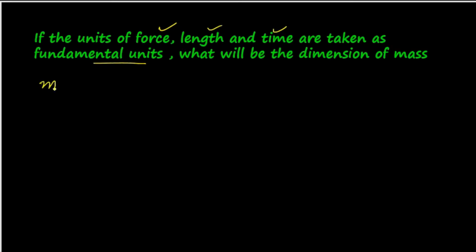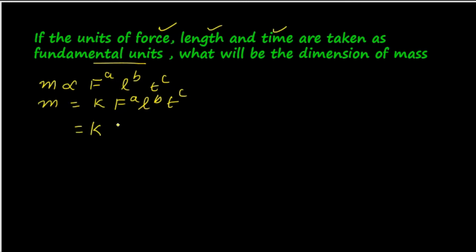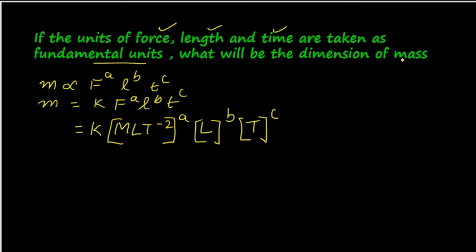Let us suppose mass is directly proportional to force raised to A, length raised to B, and time raised to C. Then this becomes M is equal to K, F raised to A, L raised to B, and T raised to C. Substituting the dimensions, F is M L T raised to minus 2, the whole raised to A, dimension of length L raised to B, time T raised to C. On the left hand side, it is mass.